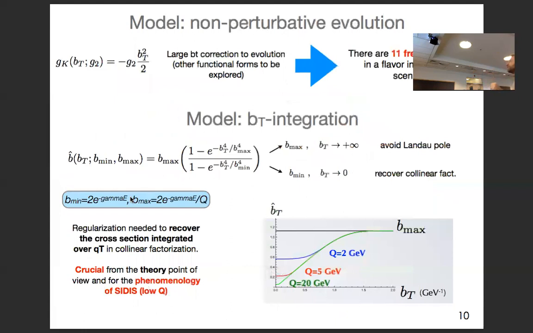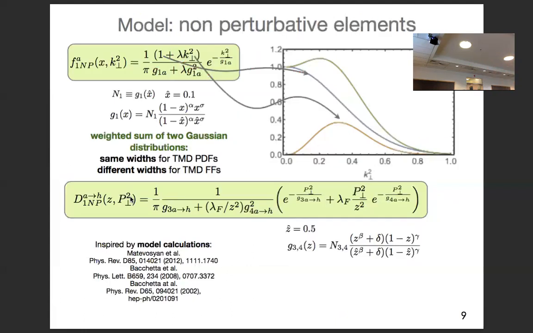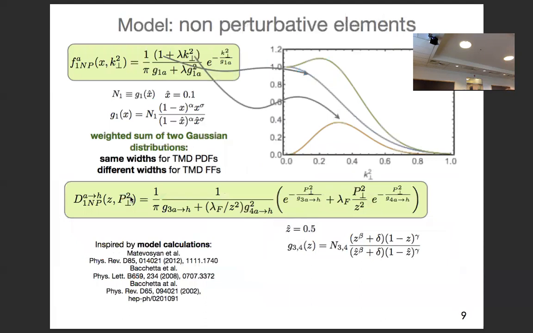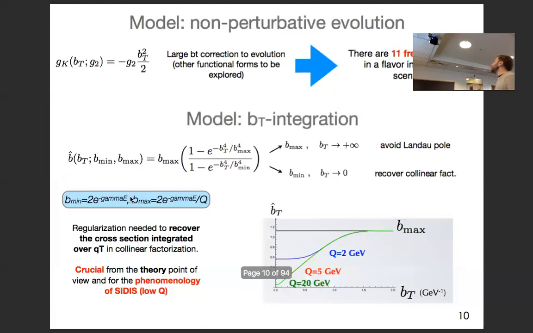In total, when you add these parameters and this g2 parameter, you have 11 free parameters in our flavor independent scenario. I say flavor independent because in principle, of course, this could depend on the flavor of the parton contributing in the process, but we did a flavor independent fit. So for the moment, we only have 11 free parameters.